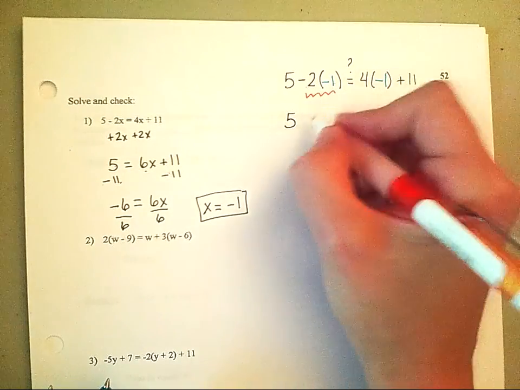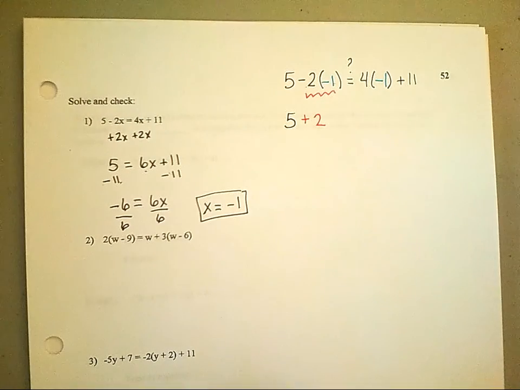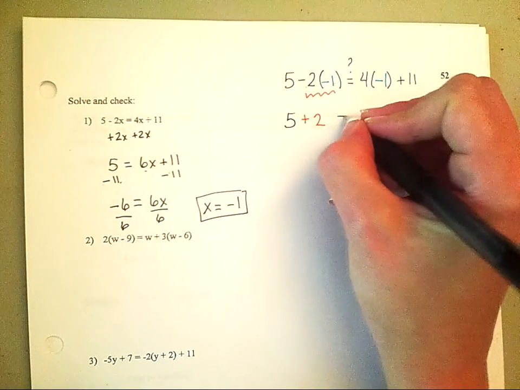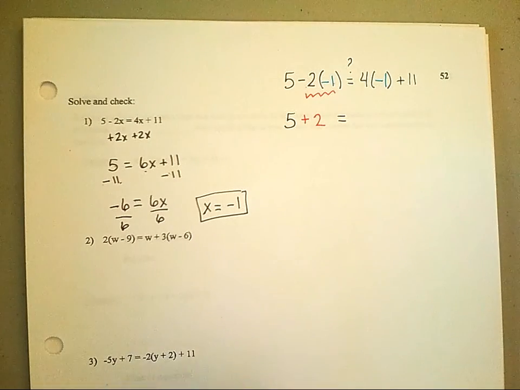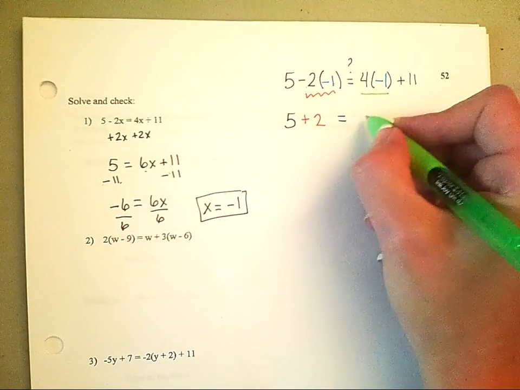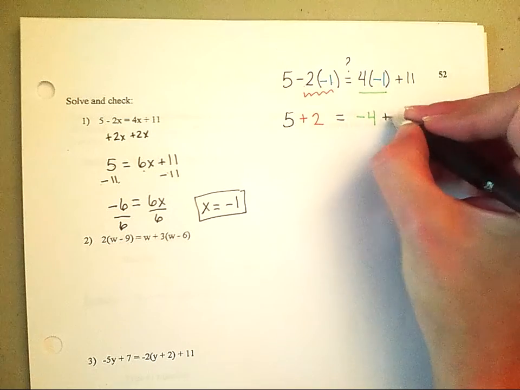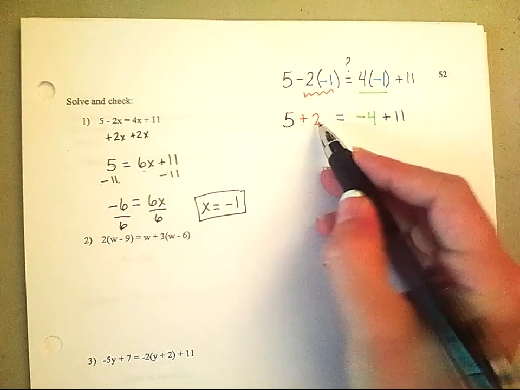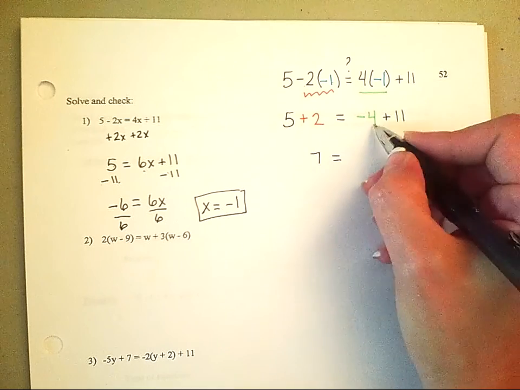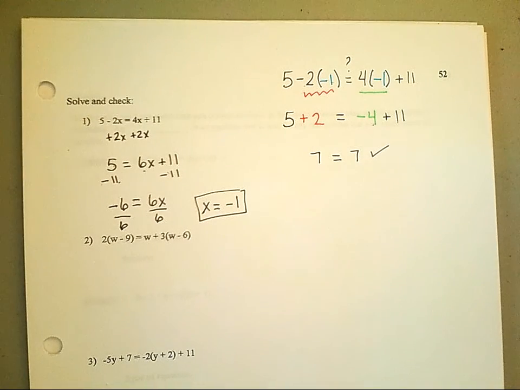So a negative 2 times a negative 1 is positive 2, so that turns to an addition, is equal to, and here, negative 1 times 4 is negative 4 plus 11. So 5 plus 2 is 7, and negative 4 plus 11 is also 7. So our answer checks.